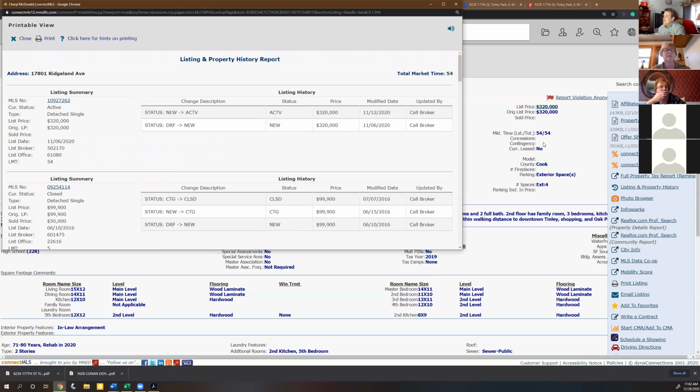The first number on the left is the current listing market time. The number on the right is the total market time. So the second number will always tell you there's more history. This one went on the market on November 6th, and they have not done a price reduction.